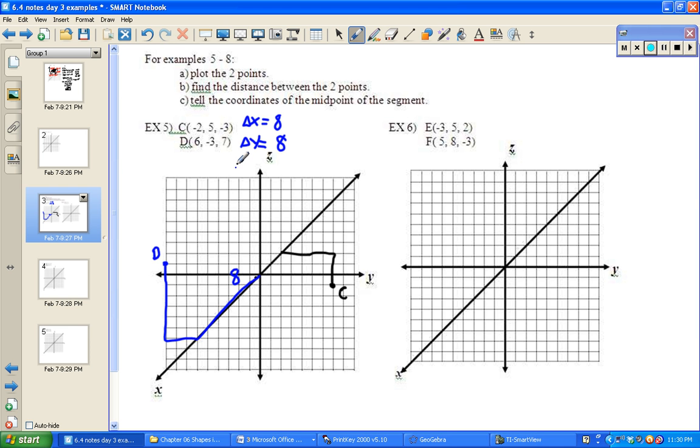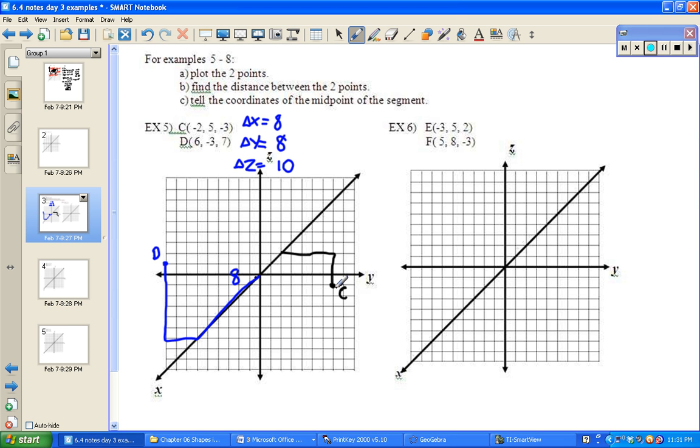And then the difference in the z's, well, we went up 7 for this one, and on this one we went down 3. So if we went up 7 and down 3, that difference is 10. Because one way we're going up, the other way we're going down. So to figure out from positive 7 to negative 3, we'd go 7 and then 3 more, which is 10.